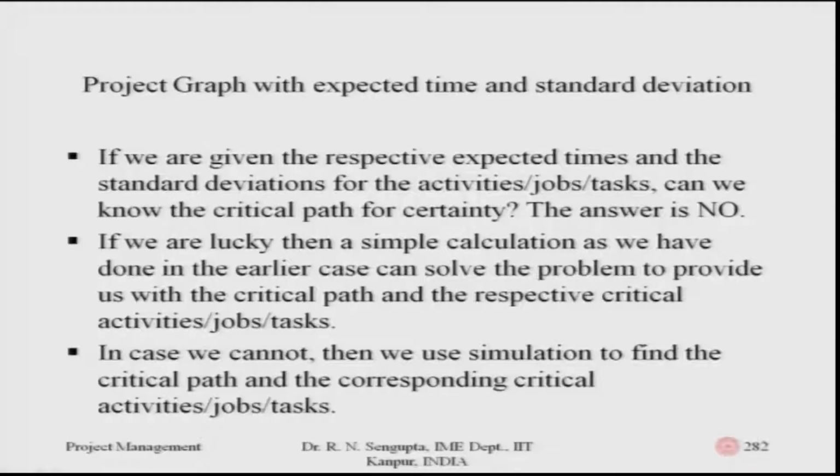If we are lucky, then a simple calculation as we have done earlier can solve the problem and provide us with the critical path and the respective critical activities, jobs and tasks. In case we cannot, then we use simulation to find out what the critical path is, what the average value of the critical path is, and what the variance of the critical path is.